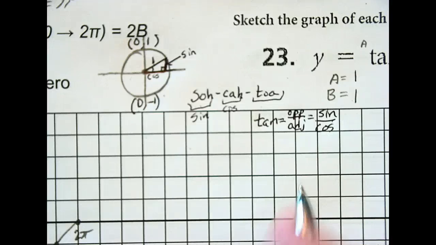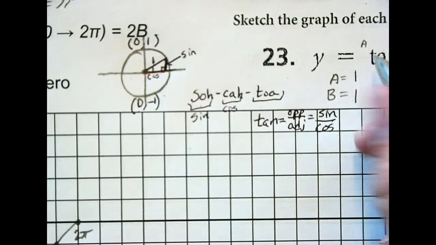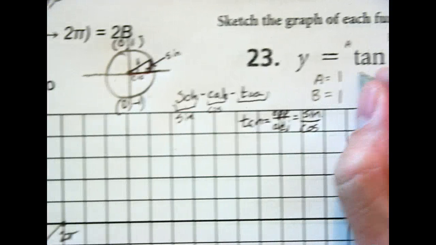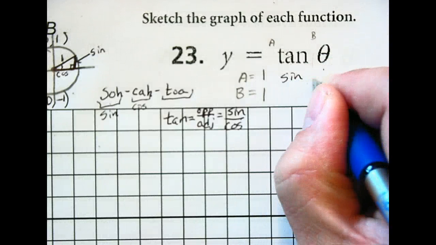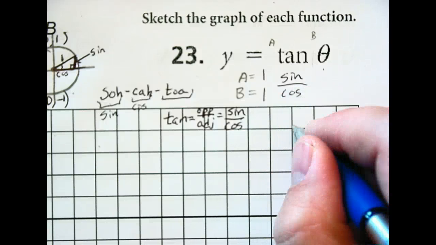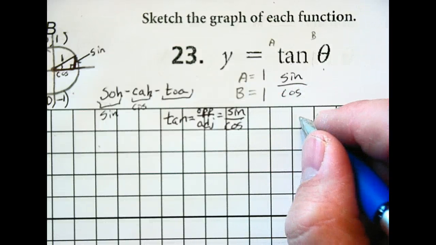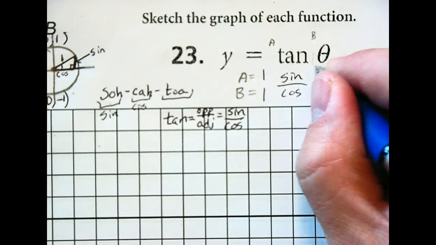Now, if tangent is sine over cosine, that's another way of thinking of this. Rather than tan theta, we could say sine over cosine. You guys with me? Sine theta over cos theta.